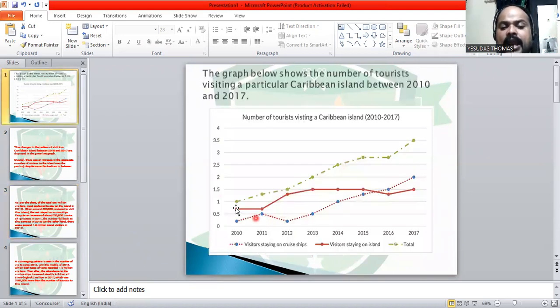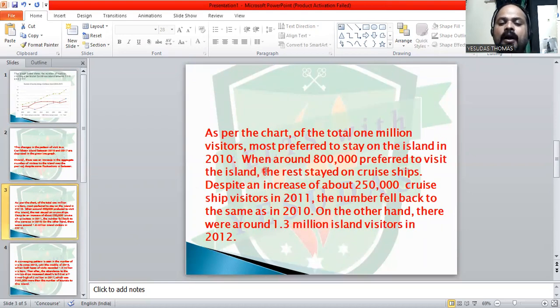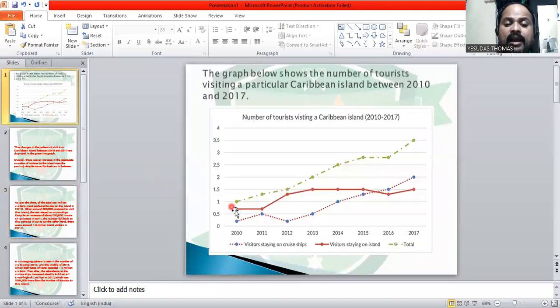You can say out of the total 1 million, most of them would like to stay on the island rather than on the ships, when around 800,000 prefer to visit the island, the rest stayed on the cruise ship. You can say that around 800,000 stayed on the island, but the rest stayed on the cruise ship here.